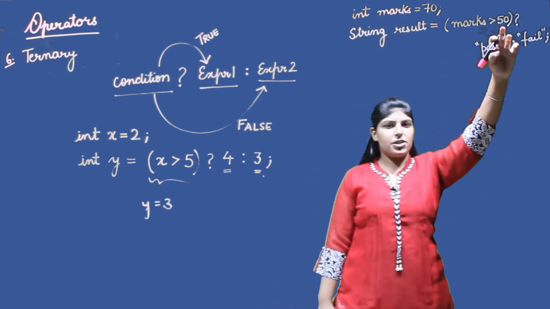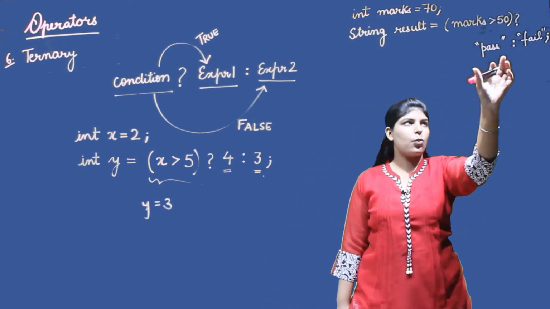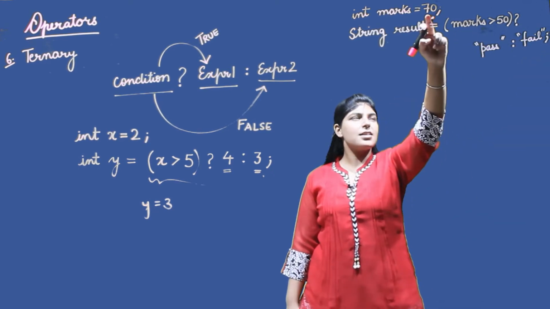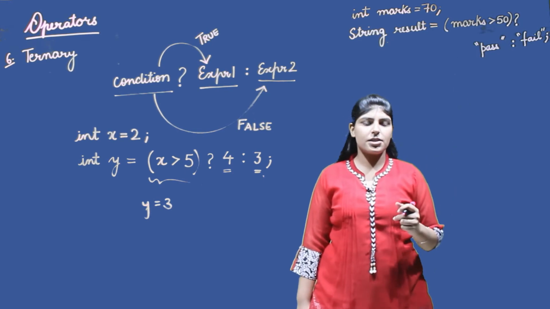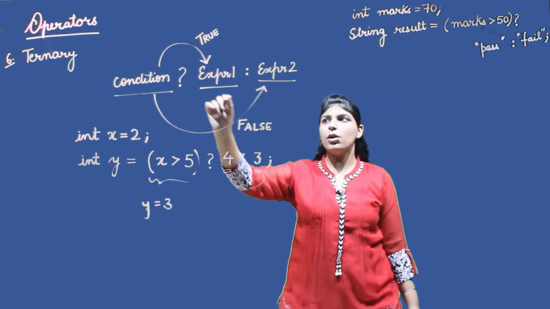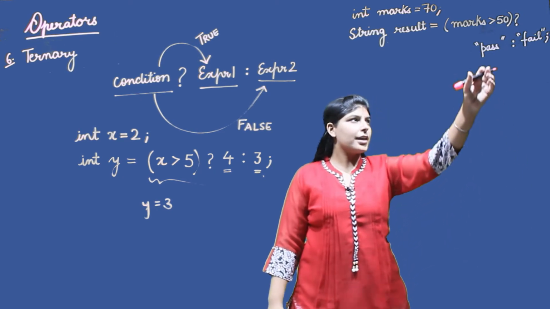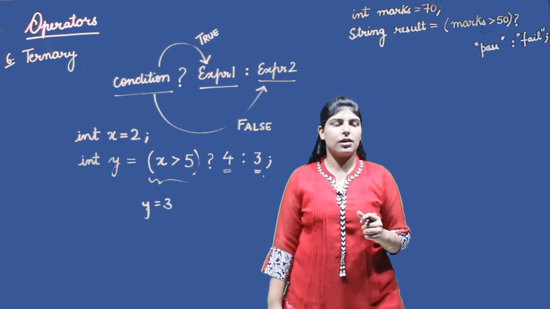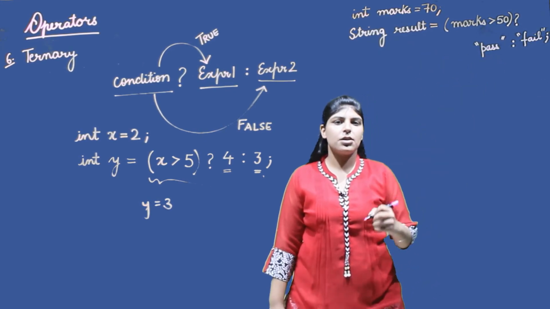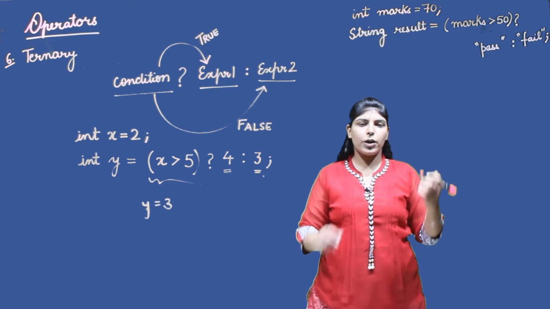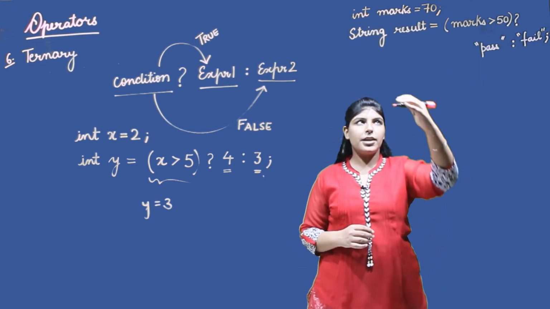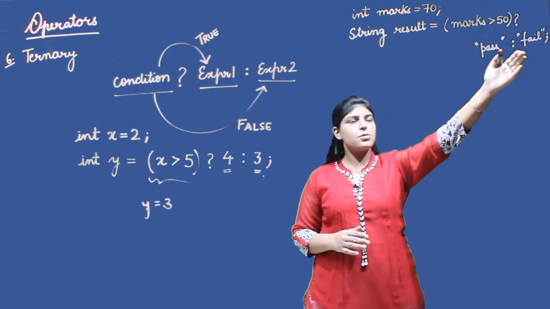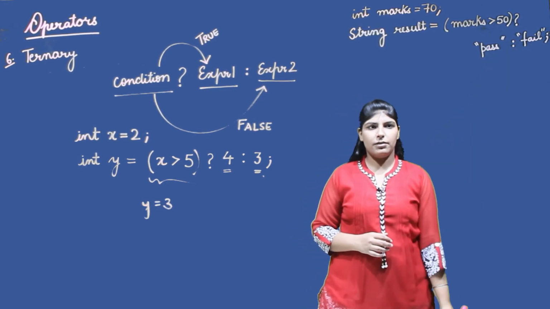Now this part is the condition. Then we have question mark. This is expression 1 colon expression 2. First we check the condition. Now marks are 70, so 70 greater than 50, it is true. Whenever the condition is true, we evaluate expression 1. In expression 1, we get the string pass. So this is stored in the string variable result. So the value of result is pass. So this is a replacement of if-else statement. We can also write the same code in if-else. With if marks greater than 50, then we assign string result as pass, else we assign string result as fail.